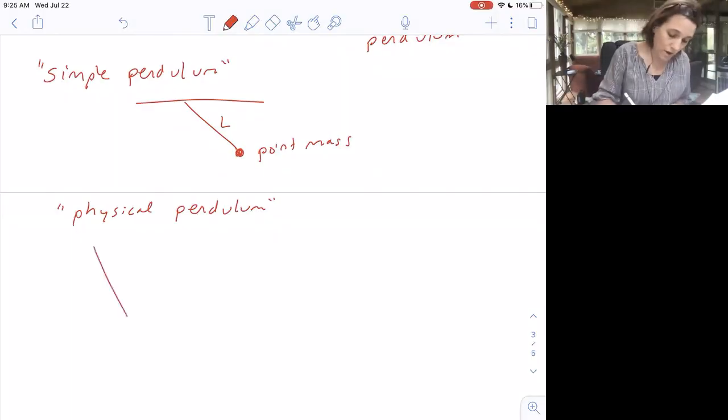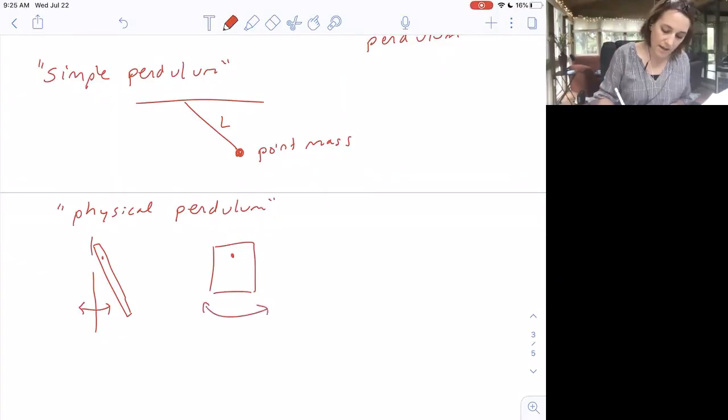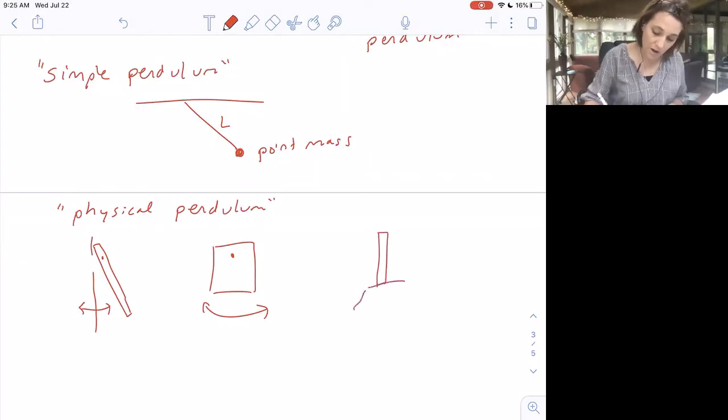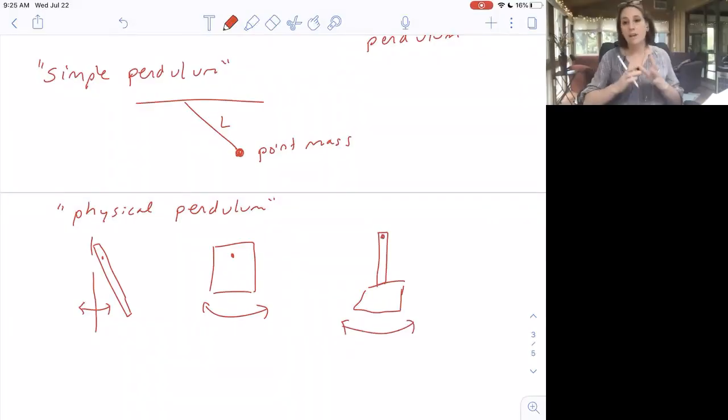That could be the rod that is oscillating back and forth. It could be a square, as I've sort of shown, that's going to oscillate back and forth. It could be a combination of all of these. It could be a rod with a square at the end, and that then oscillates back and forth. Really anything that is not a simple pendulum we qualify as a physical pendulum.